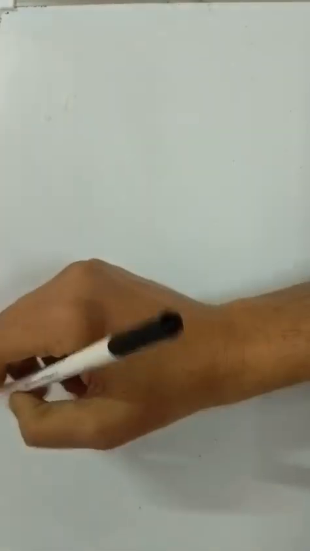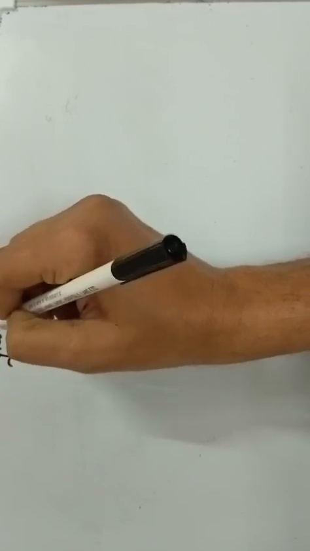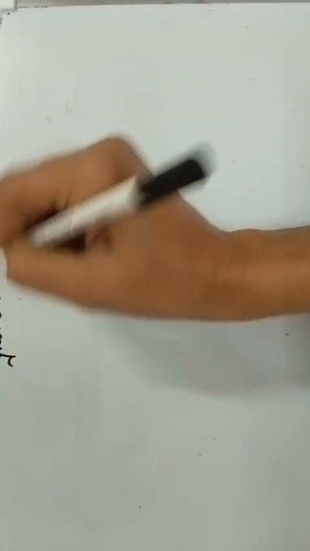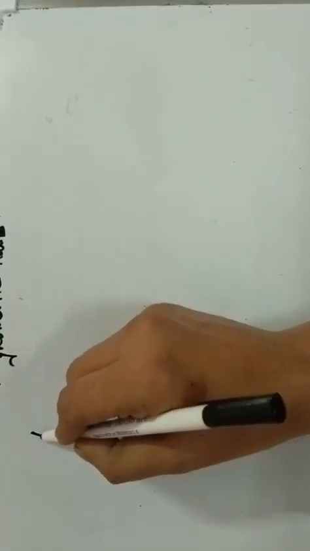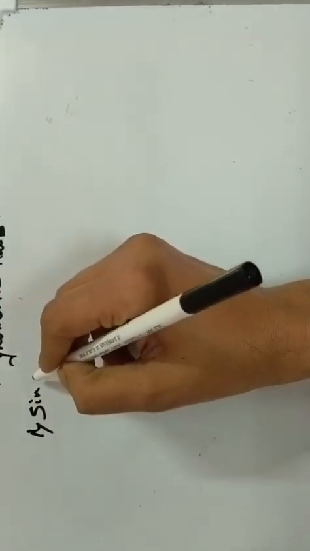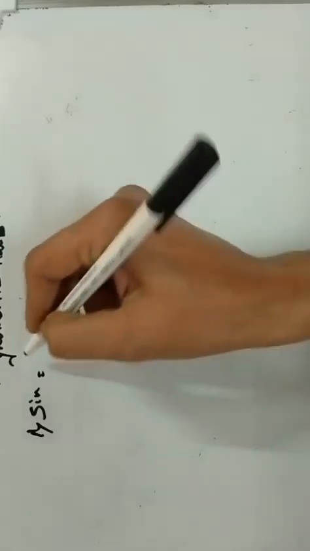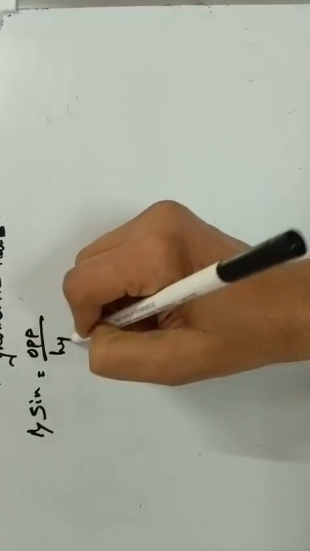That is the trigonometric ratios. The first one is sine theta, that is opposite by hypotenuse.